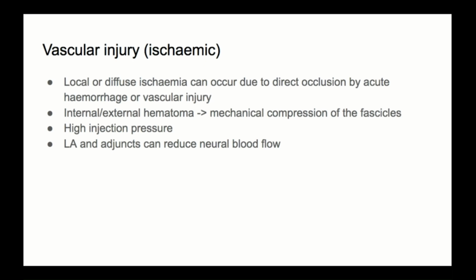This can all lead to disruption of the blood flow to the nerve and cause ischemic injury. And LA and epinephrine can also cause vasoconstriction and reduce neural blood flow.